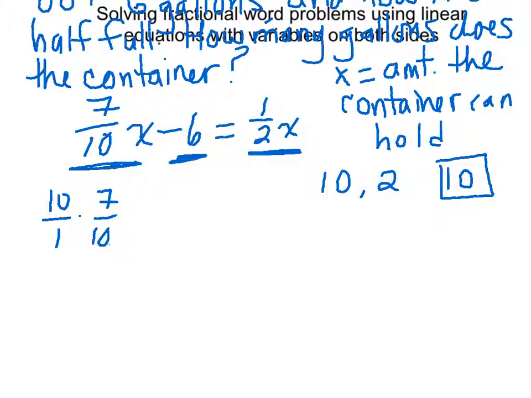I want it outside here. There we go. Minus, now I'm copying the equation again. I've got to bring my magic number in because remember every term needs to get multiplied. Times 6, and I can change the 6 to 6 over 1. And then on the other side of the equation, I take my magic number again and multiply by what's there.